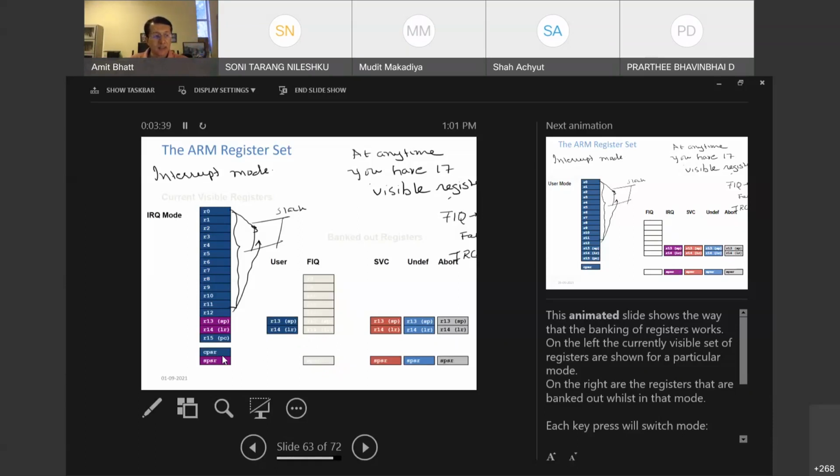The IRQ mode handler is nothing but a software program, another software program which is pre-written by the manufacturer, or if you're working in a job in the semiconductor industry, then it will be written by you. And it has got a recipe for how to get out of it. Now there are various ways of getting out of it.